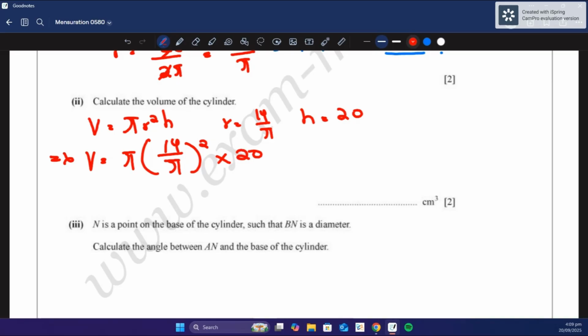Now if we further solve this, this gives us pi times 196, which is the square of 14, over pi squared, times 20.